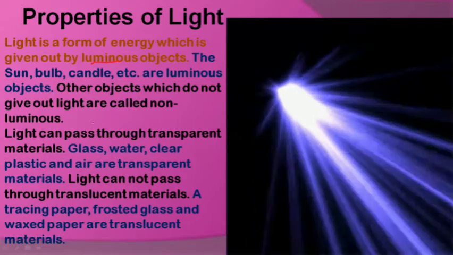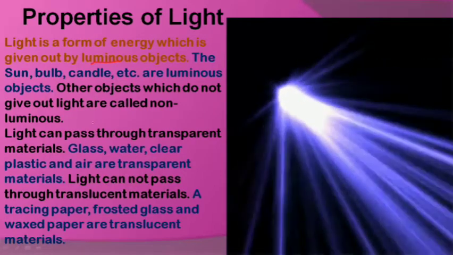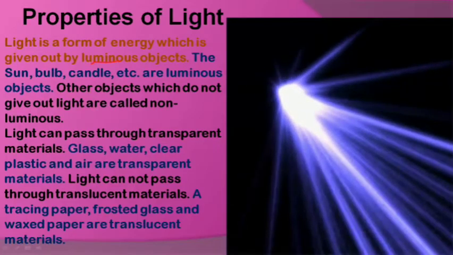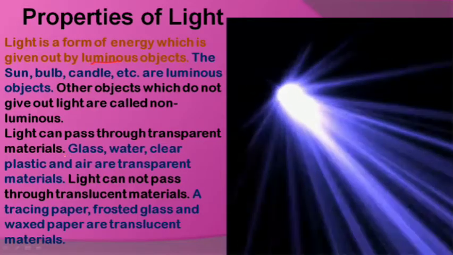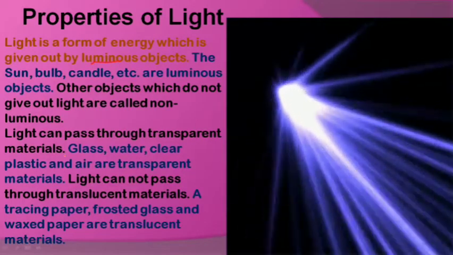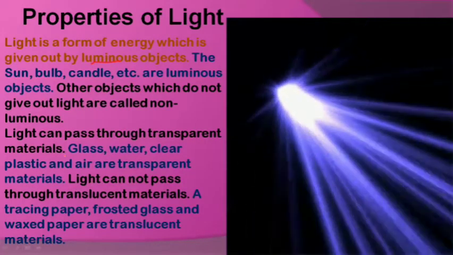Okay, so light has the property to be reflected, to pass, or transmit, or be absorbed by objects. So light can pass through transparent material. Transparent means the thing through which we can see on the other side.